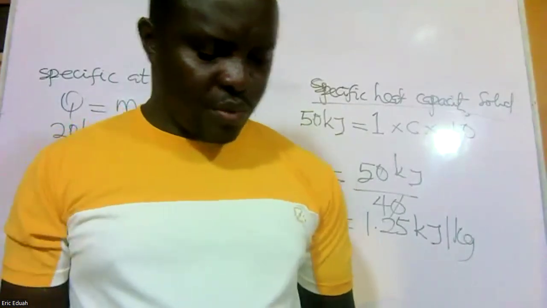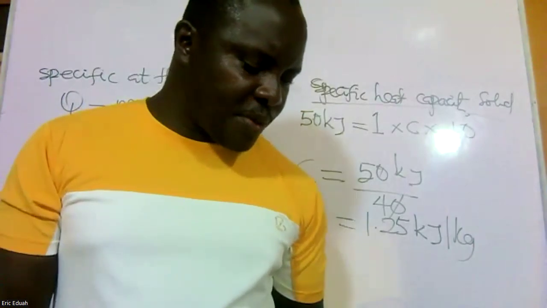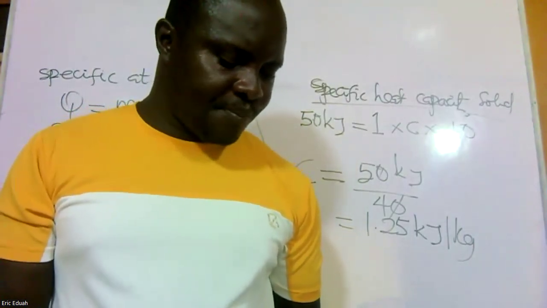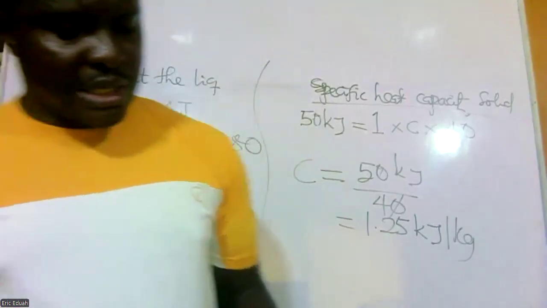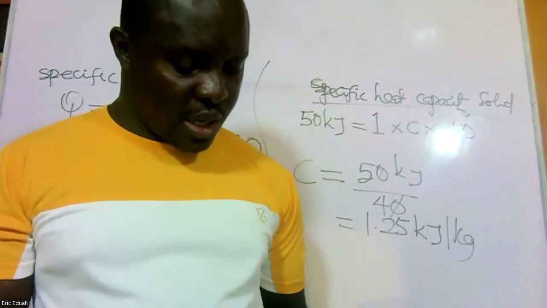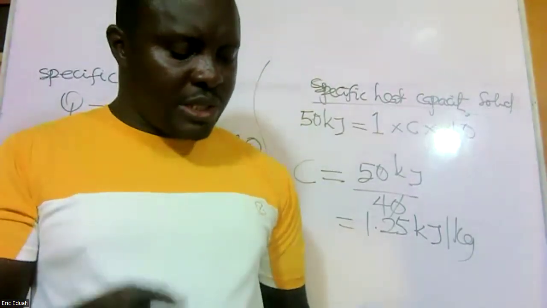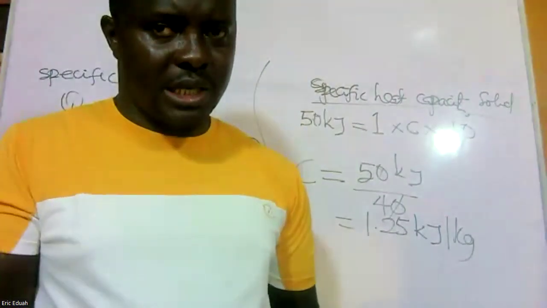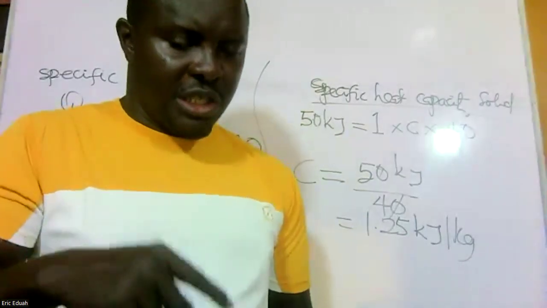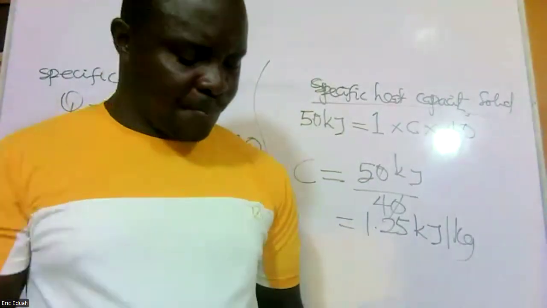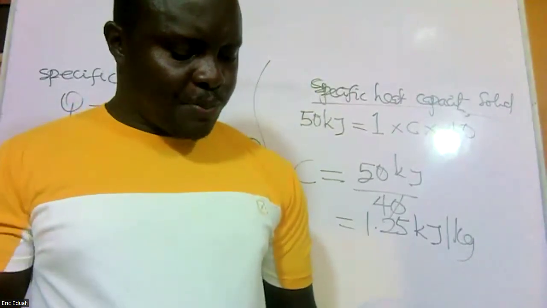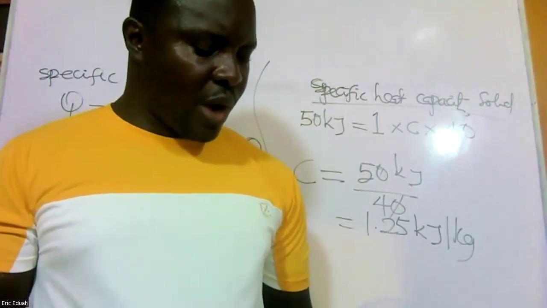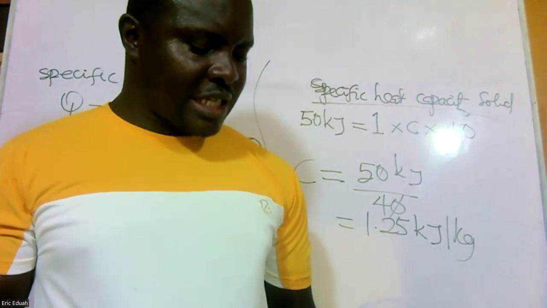Now the main question. Question 112. The boiling point of the substance is. 113, the heat of vaporization. When you see heat of vaporization, it refers to specific latent heat of vaporization. Heat of fusion is specific latent heat of fusion. So you have to determine the specific latent heat of vaporization of the substance. Then 114, during the liquid phase, the specific heat.